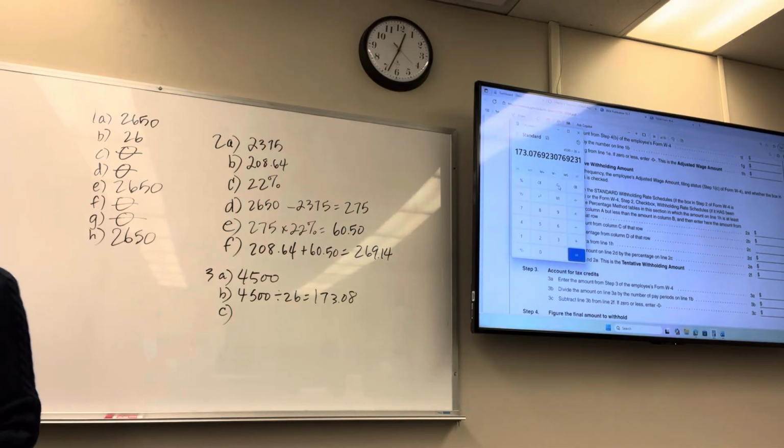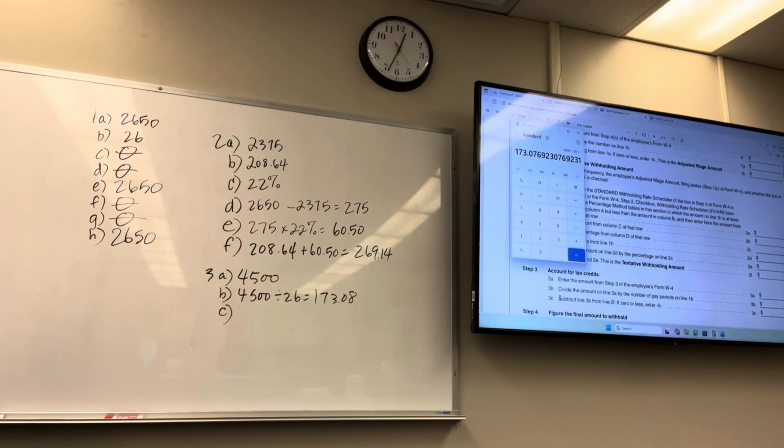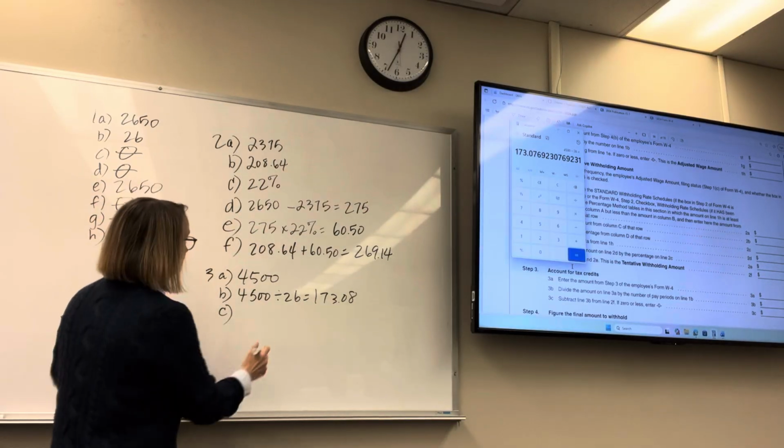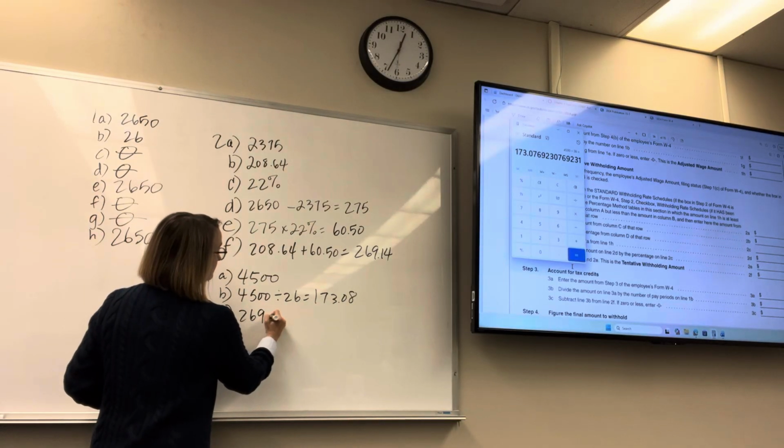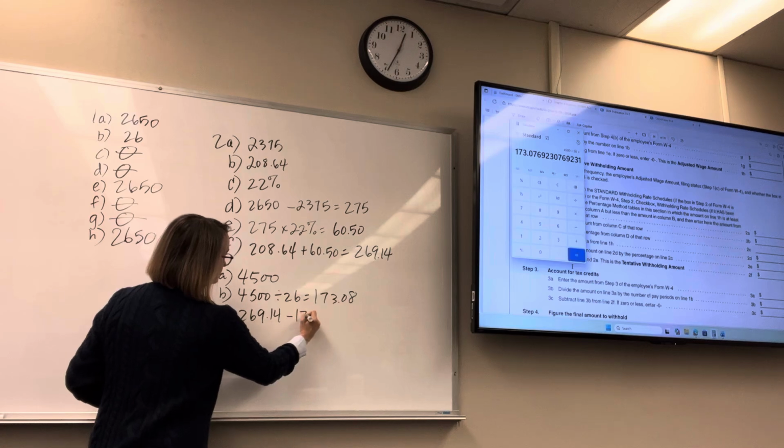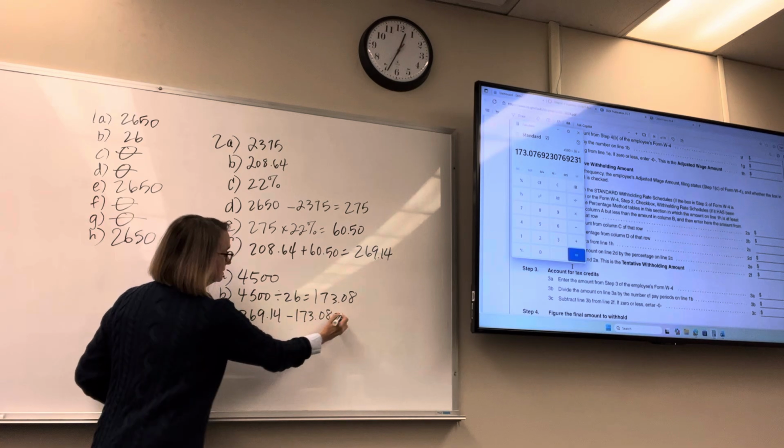For C, subtract line 3B from line 2F. All right, 269.14 minus 173.08.